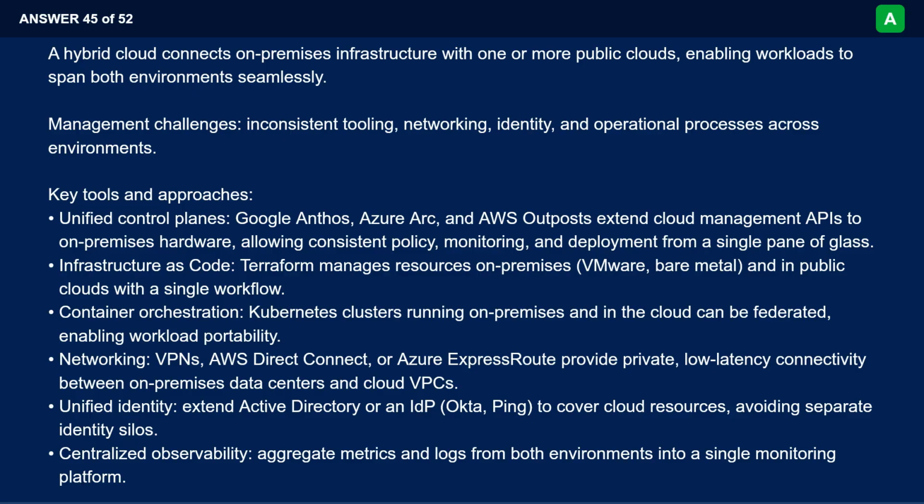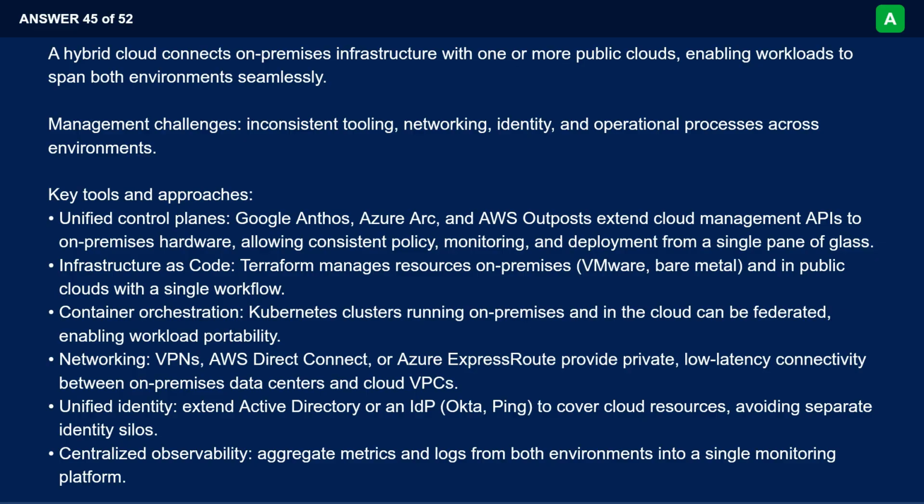Infrastructure as code. Terraform manages resources on-premises, VMware, bare metal, and in public clouds with a single workflow. Container orchestration. Kubernetes clusters running on-premises and in the cloud can be federated, enabling workload portability. Networking.